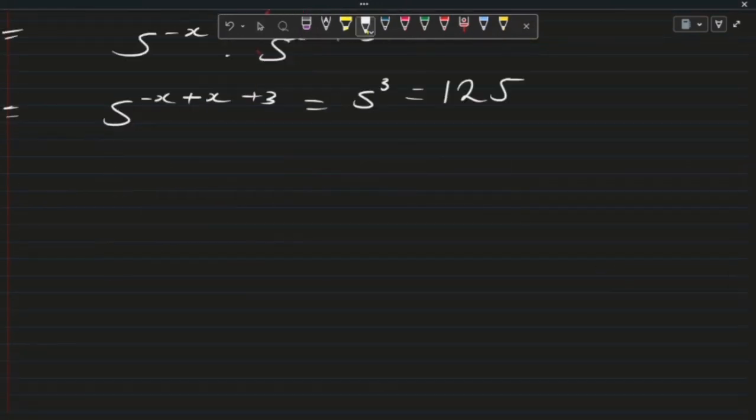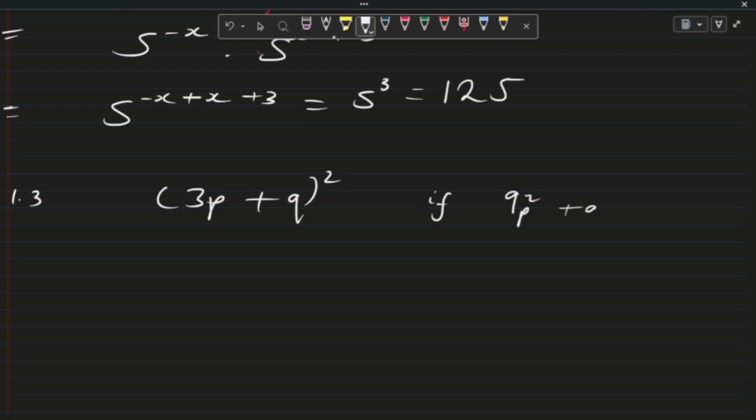We are now busy with 1.3. They said they want the value of (3p + q) all squared, and then they give us some information. 9p squared plus q squared is 12.